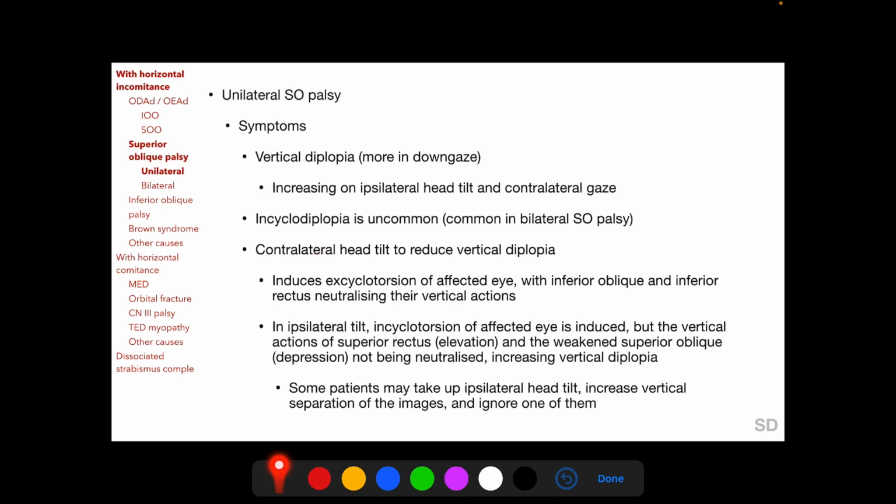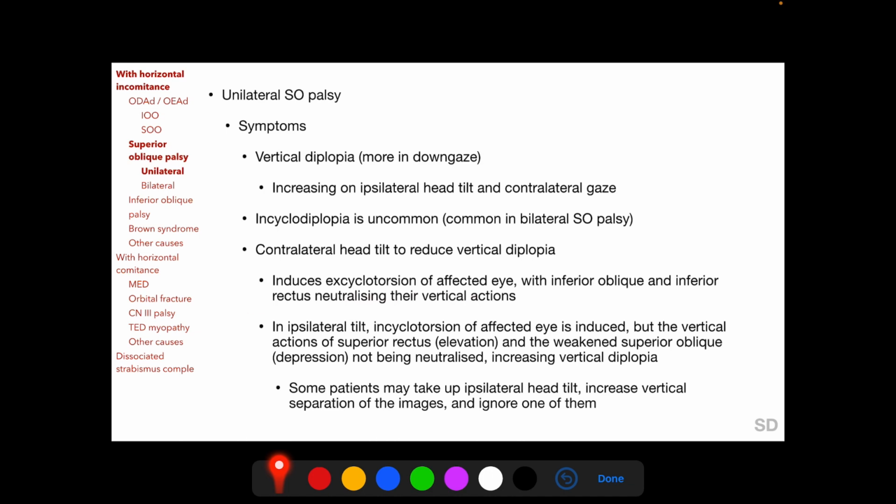Contralateral head tilt induces excyclotorsion of the affected eye to keep the eye in the primary position, and the two extorters, inferior oblique and the inferior rectus, both being normal, neutralize their vertical actions without any vertical diplopia.